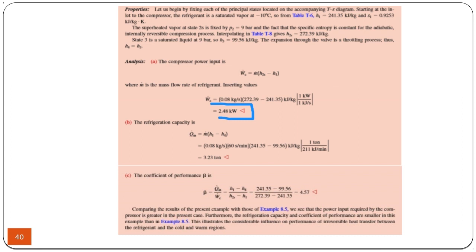So we can already say that the coefficient of performance is lower for this refrigeration cycle than the previous one because of the definition of it. Because the compressor work has increased, we should expect that COP will decrease. The cooling capacity is now less.